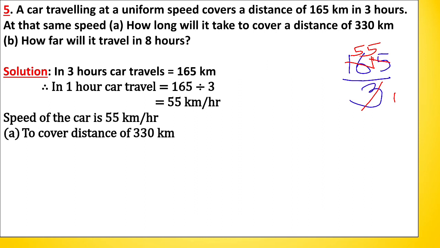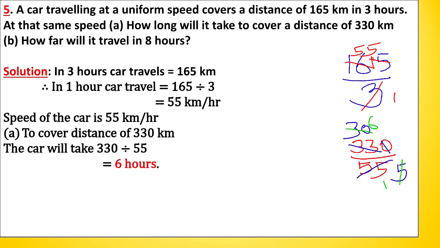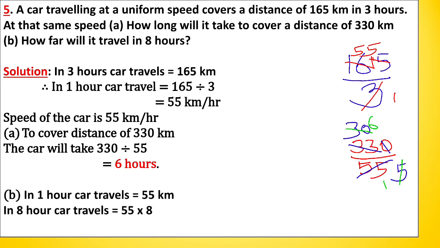But we have to find how much time it took to cover a distance of 330 km. So here what will we do? Divide. So we get how much? 6 hours. It takes 6 hours to cover the distance of 330 km. Second one is given. We have to find how far, meaning how much distance it covers in 8 hours.